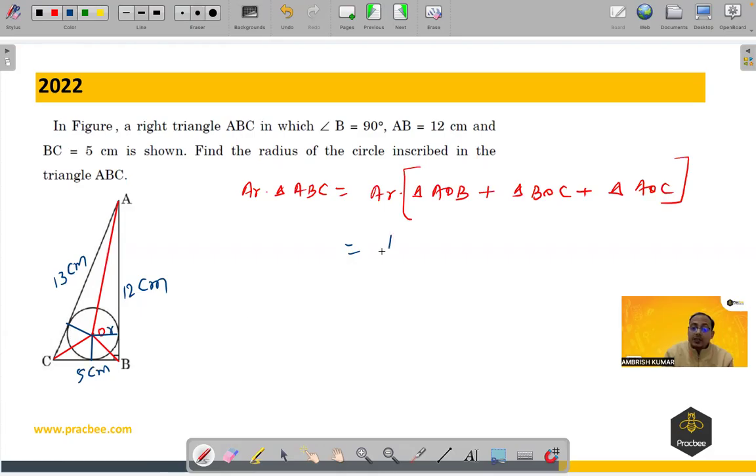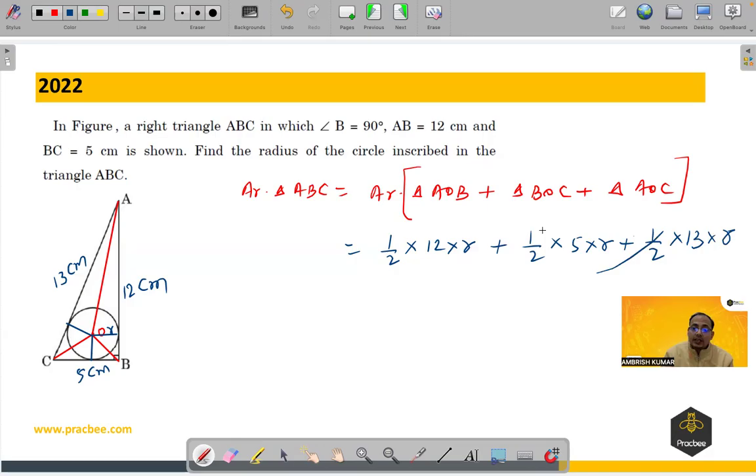So here it's going to be half into AB, which is 12, into radius R, plus half into BC, which is 5, into radius R, plus half into 13 into radius R.